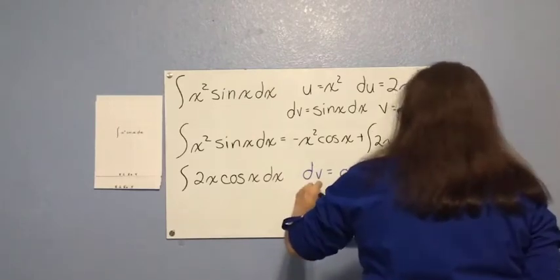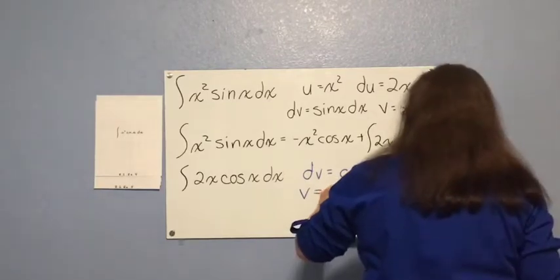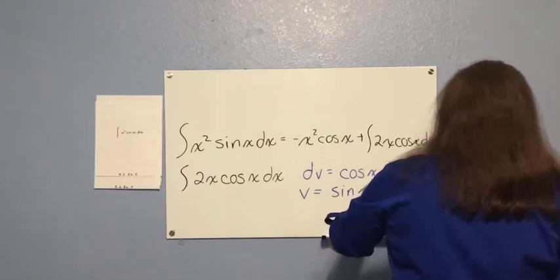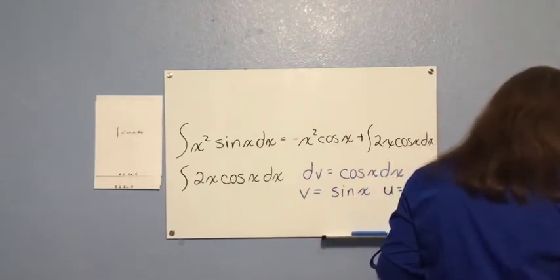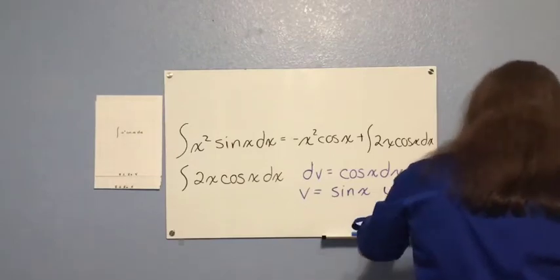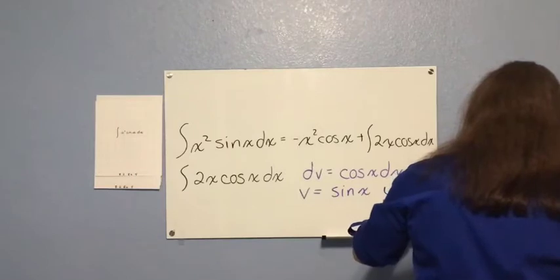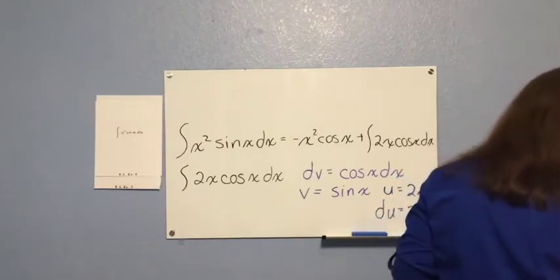So v is going to equal the integral of that, which is sine x. Okay, then u would equal 2x, and du would equal 2 dx.